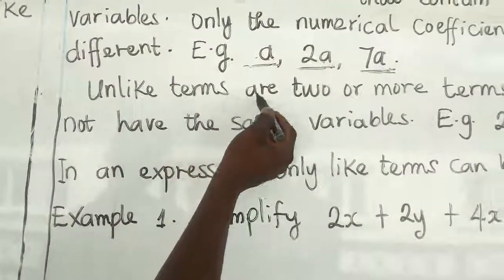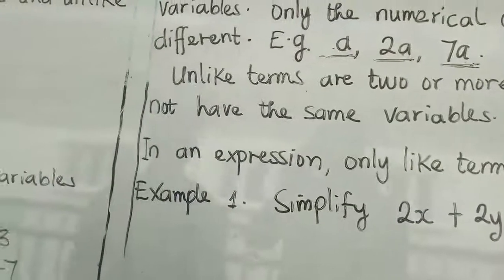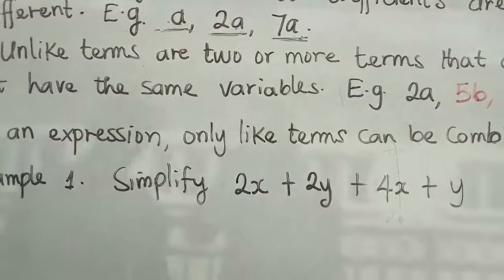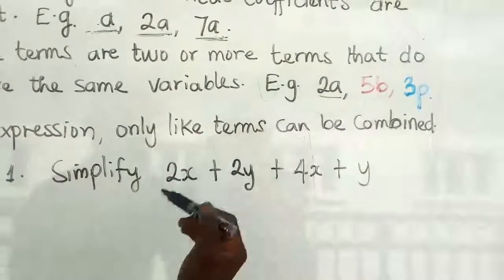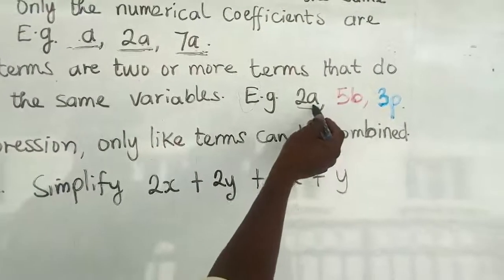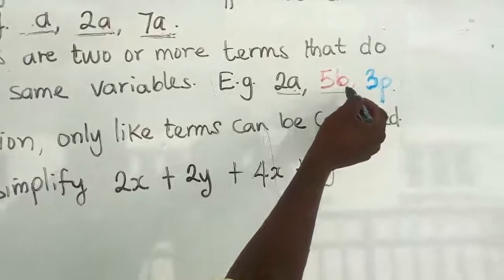Then what are unlike terms? Unlike terms are two or more terms that do not have the same variables. For instance, 2a, the variable here is a. This is another term, 5b.